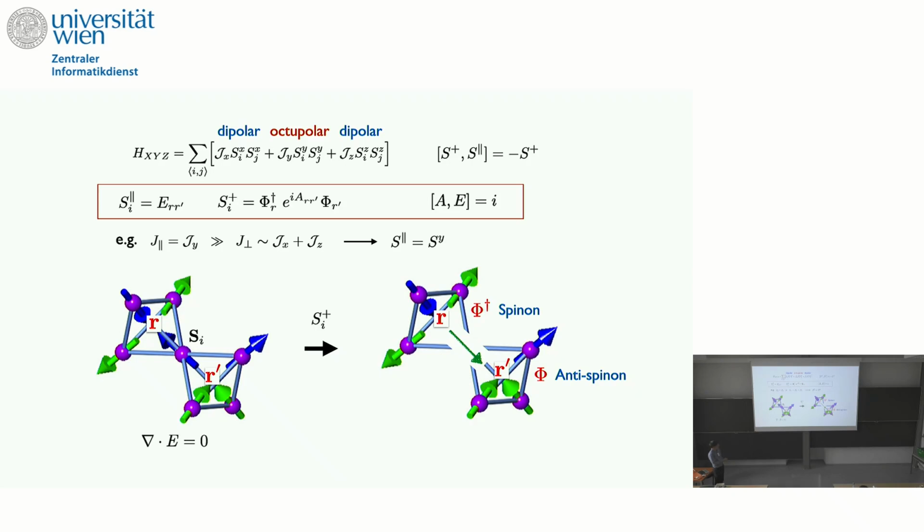But remember that when you flip one of those spins, starting from a 2-in 2-out configuration, you end up with a 3-out 1-in, or 3-in 1-out configuration, which we call spinon and anti-spinon. The spin flip essentially creates a spinon and anti-spinon pair, and that's why this raising operator contains both creation of spinon and anti-spinon excitations. So this representation really reflects this physics.